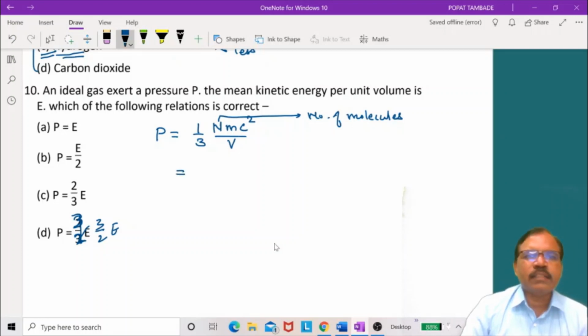So we can write this as 1/3 N by V into 2 into 1/2 M C square. Now 1/2 M C square is kinetic energy of each molecule. So I will get 2 by 3 N by V into kinetic energy of each molecule.